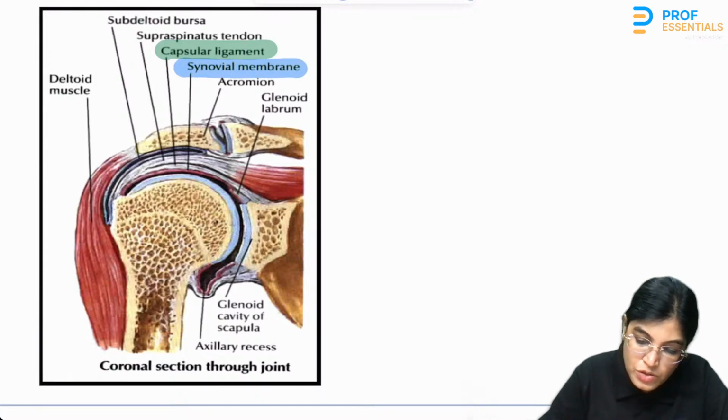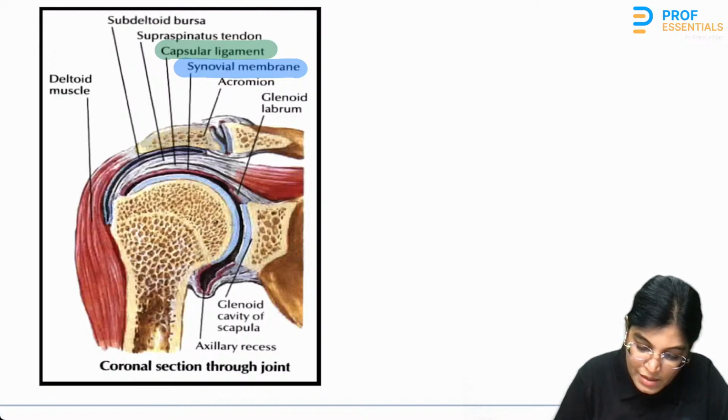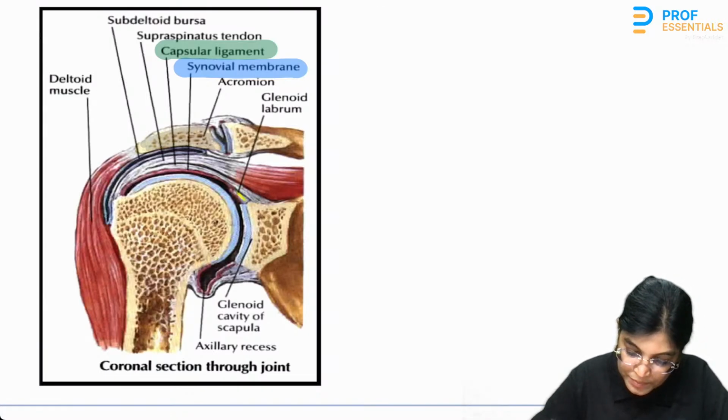Also, on the superior aspect we can appreciate the acromial process. We can also appreciate in this diagram the glenoid labrum.